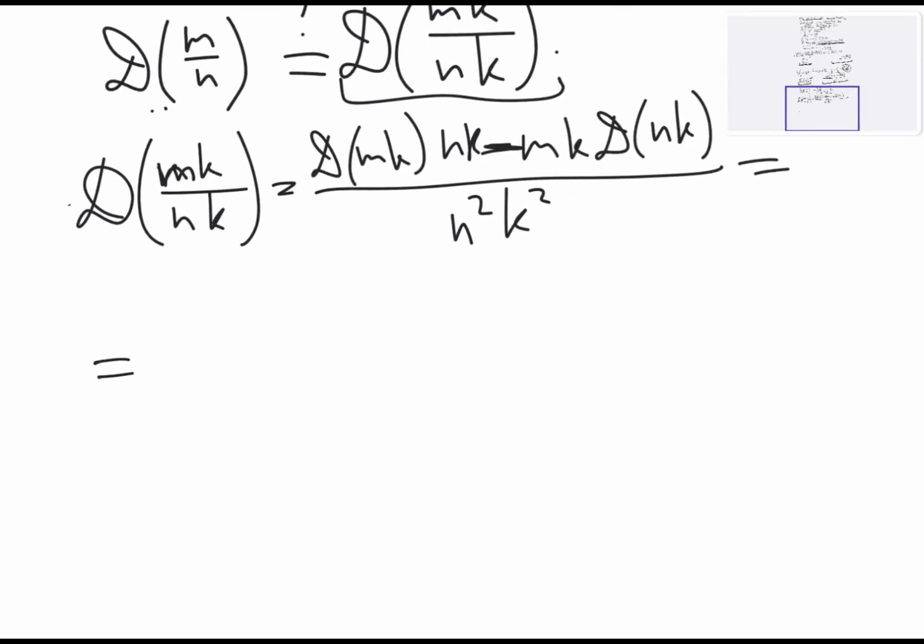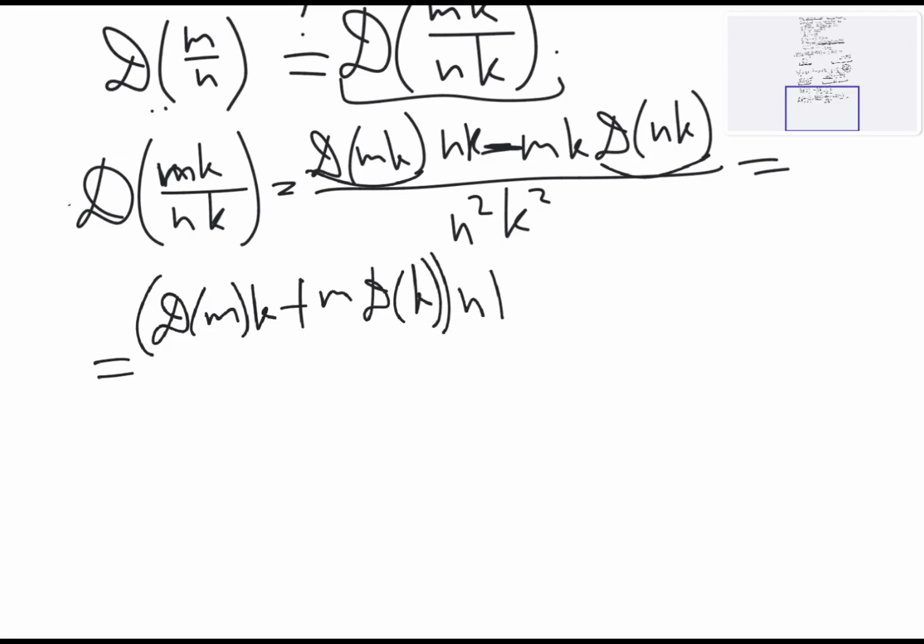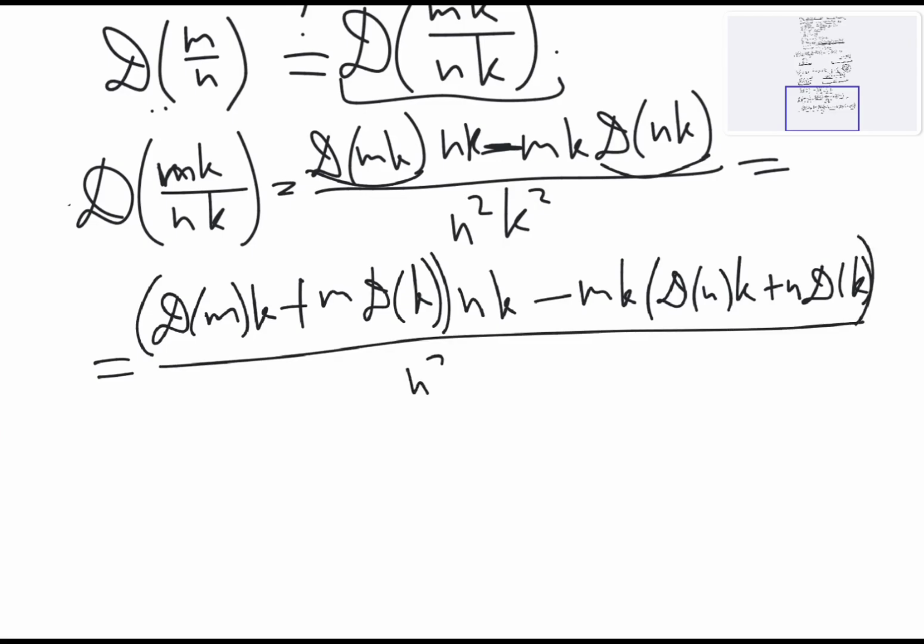Now we expand both of these, d of mk and d of nk. So we write that this is d of m times k plus m d of k, multiplied by nk, minus mk times d of n times k plus n d of k, over n squared k squared.